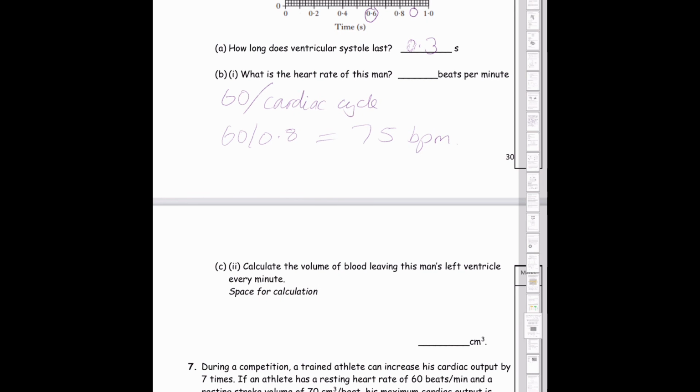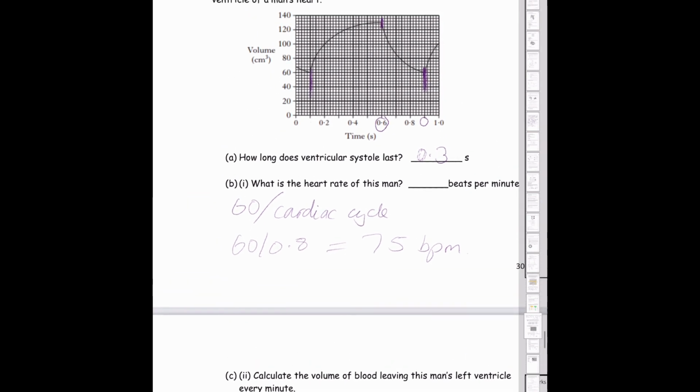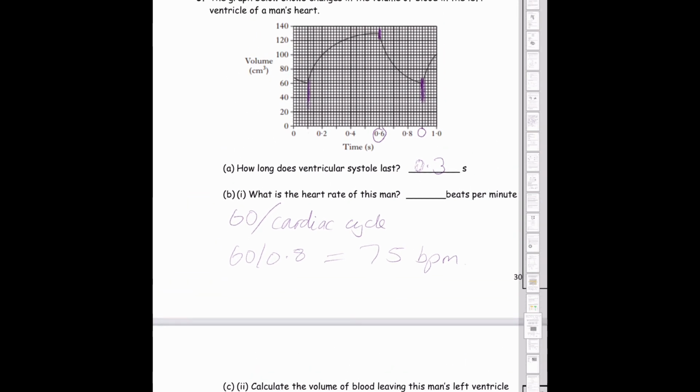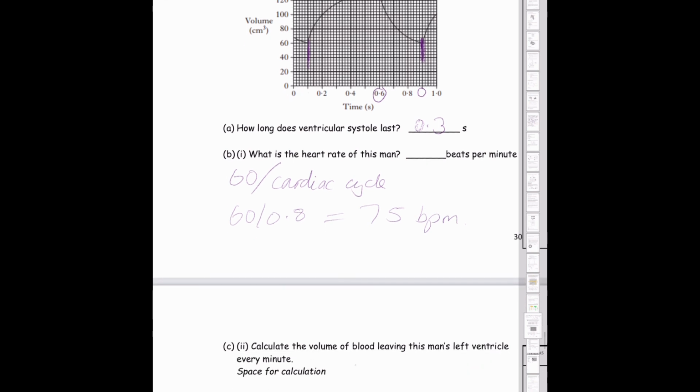The volume of blood leaving the man's left ventricle every minute. So we're starting off with 120, 130, and it's going down to 60. 130 minus 60 is 70, so 70 cubic centimetres.